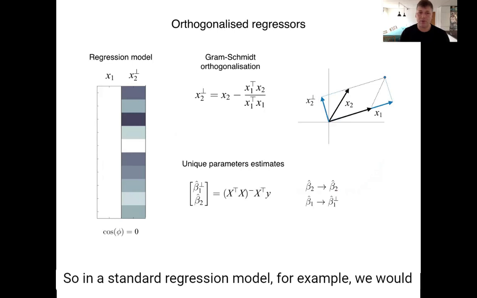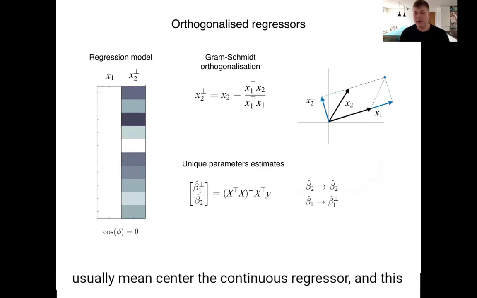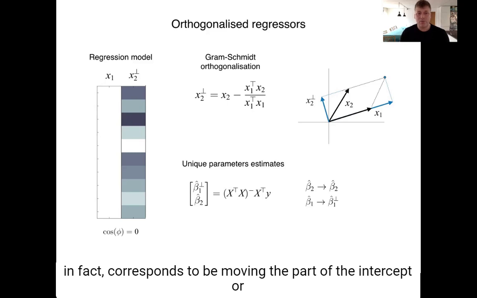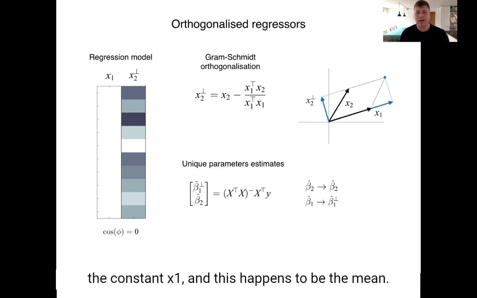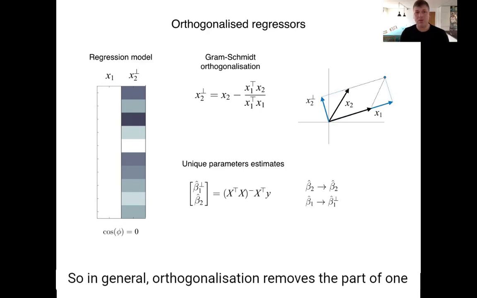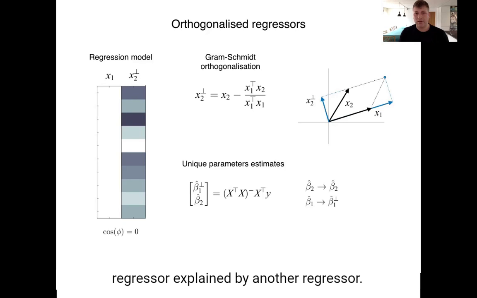So in a standard regression model, for example, we would usually mean center the continuous regressor, and this in fact corresponds to removing the part of the intercept, the constant X1, and this happens to be the mean. So in general, orthogonalization removes the part of one regressor explained by another regressor. So they become effectively orthogonal.